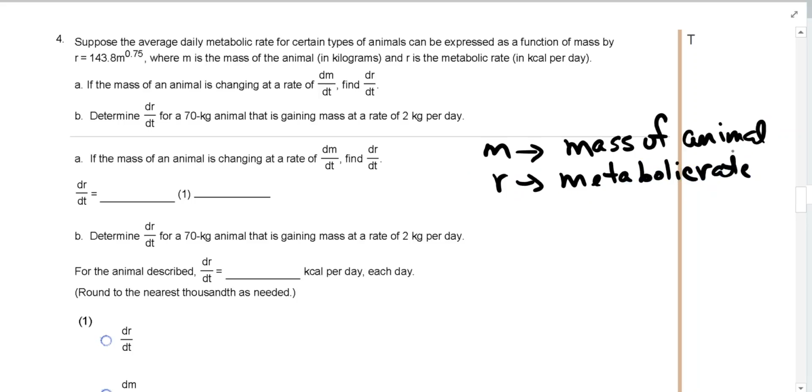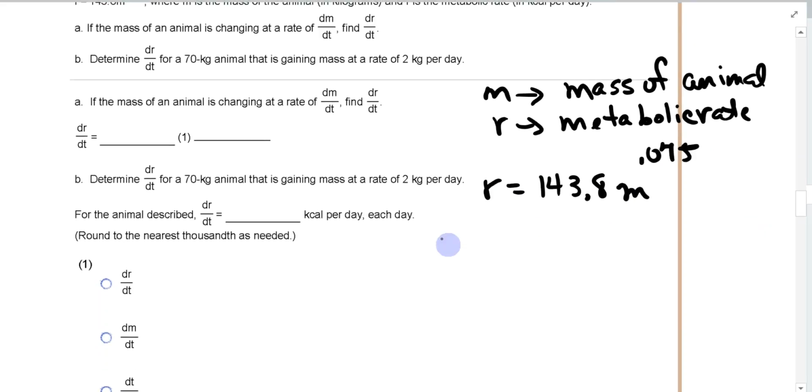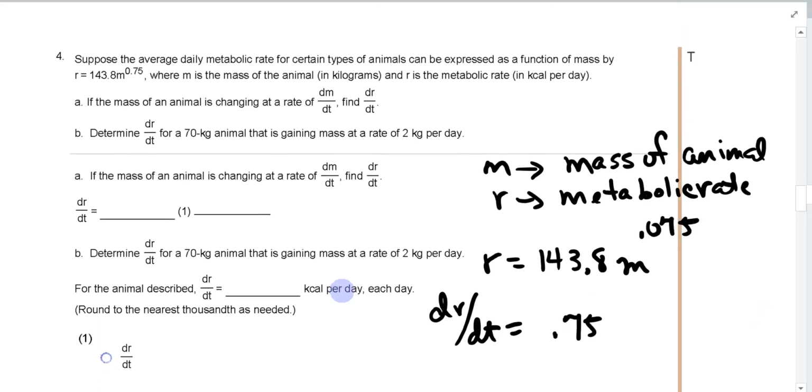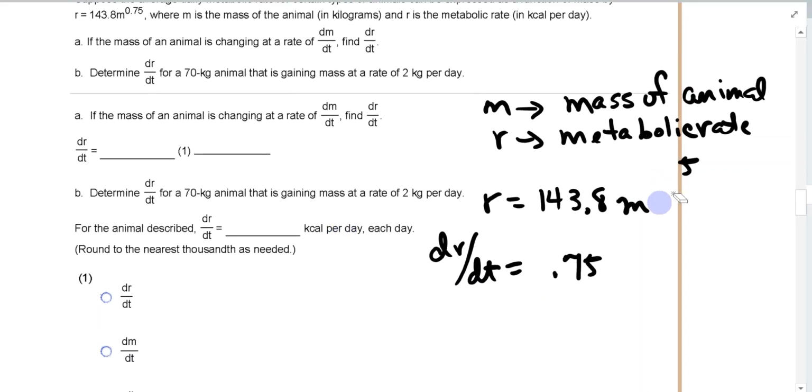All right, so we're given that R equals 143.8 m to the 0.75. Okay, that's what we're given. So let's take the derivative of that. That'll be dR/dt equals 0.75. And I think I put that 0 in the wrong place. That's 0.75.